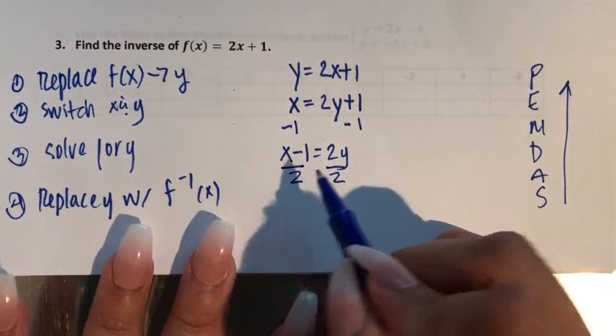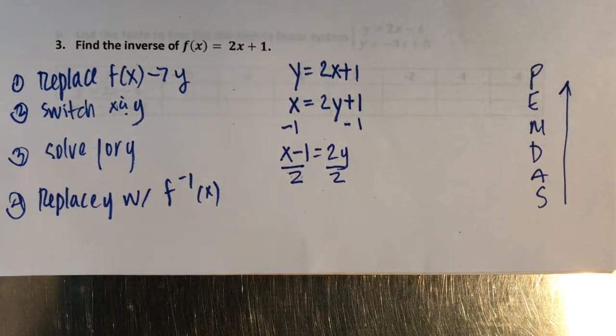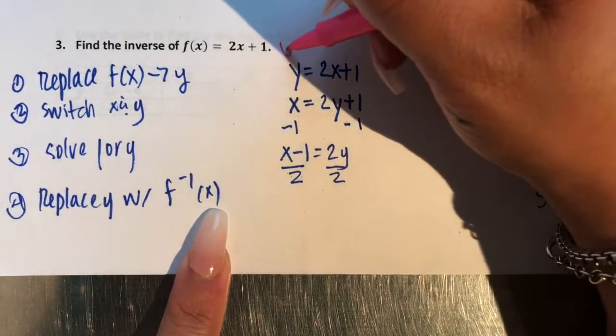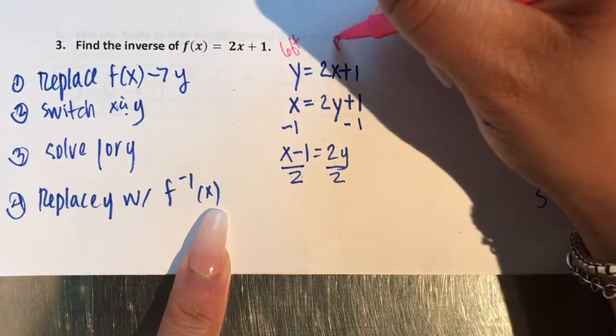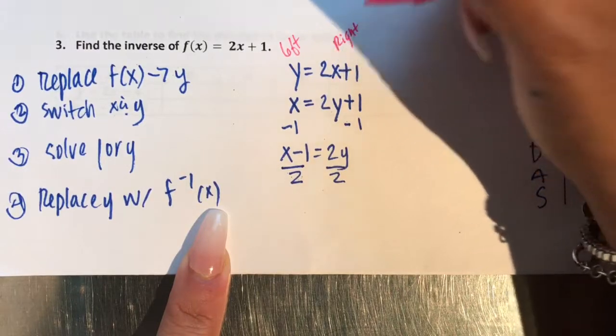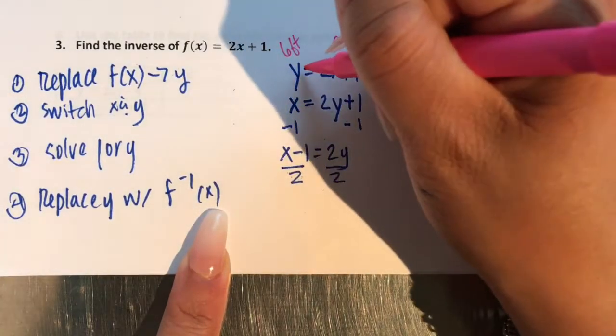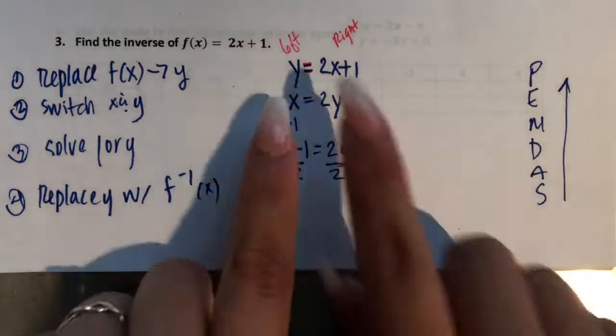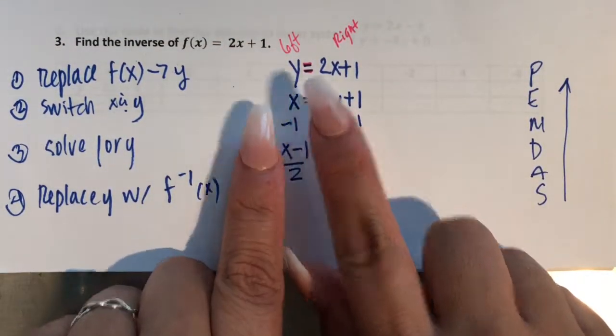And you have to do the left and the right hand side. So let's go over this. When I say left and right, this is the left hand side. That is the right hand side. The divider between the left and the right is going to be the equal sign. You have two sides of the equation because of the equal sign.